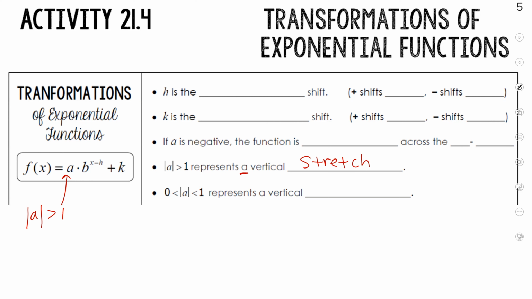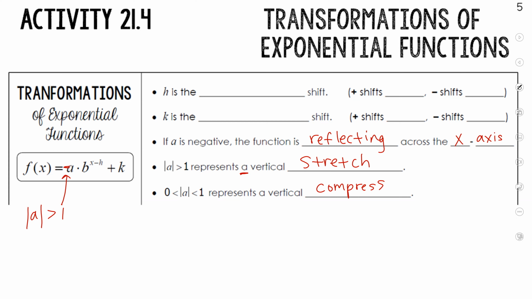Now, if it is less than 1, it represents a vertical compress. And if the A is negative, if you have a negative in the very front, then the function is reflecting across the x-axis. Okay? These three things are what the A value will tell you.